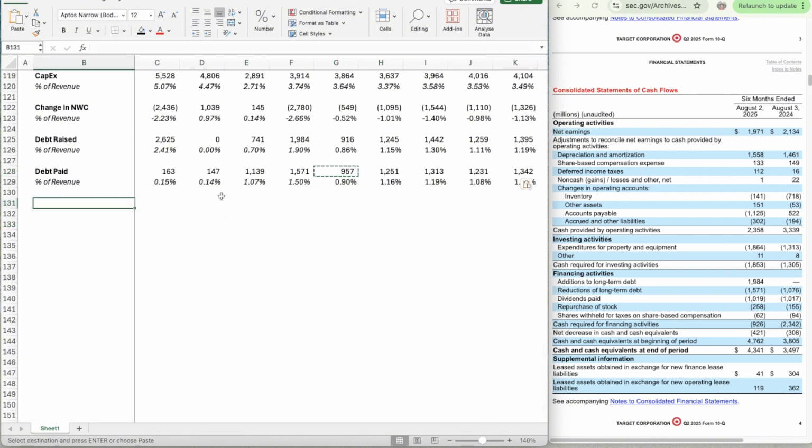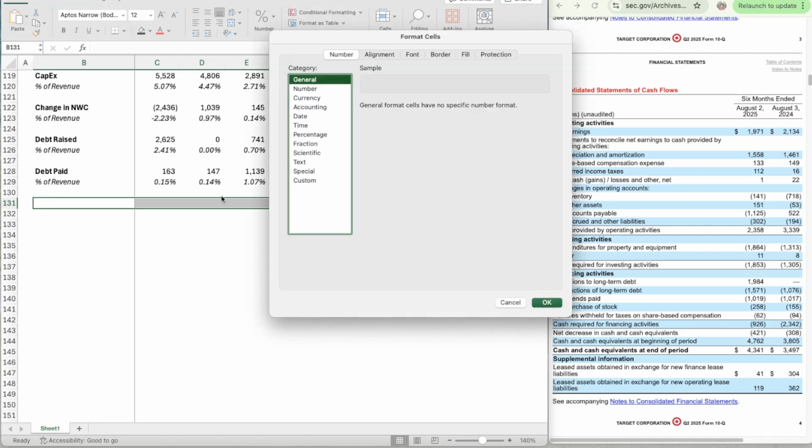Now to work out the levered free cash flow, let's put a border in.